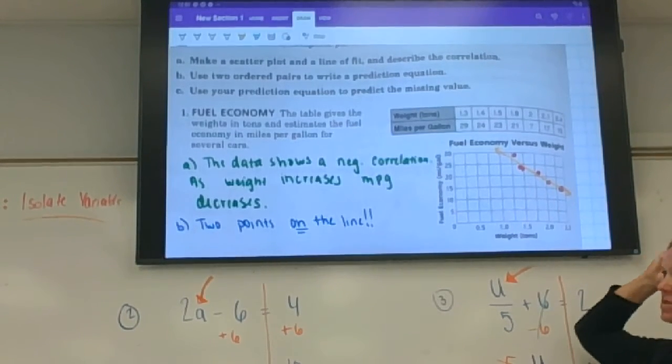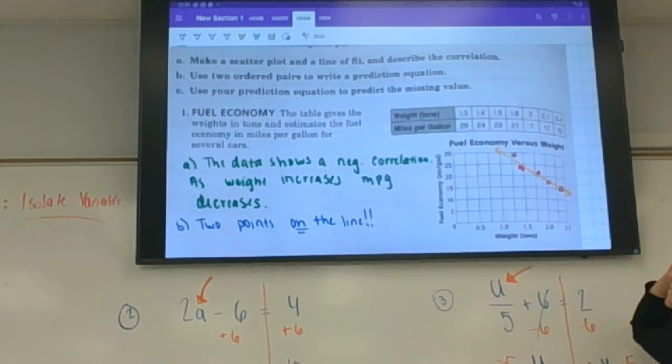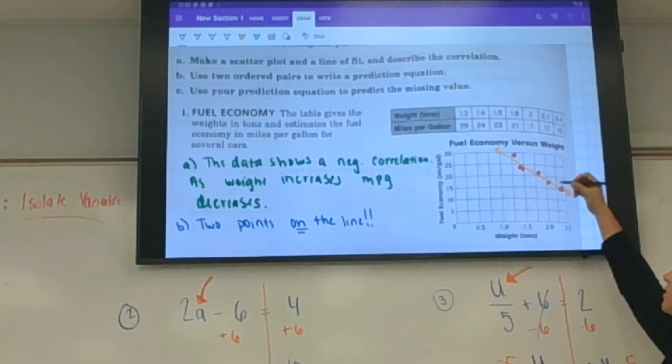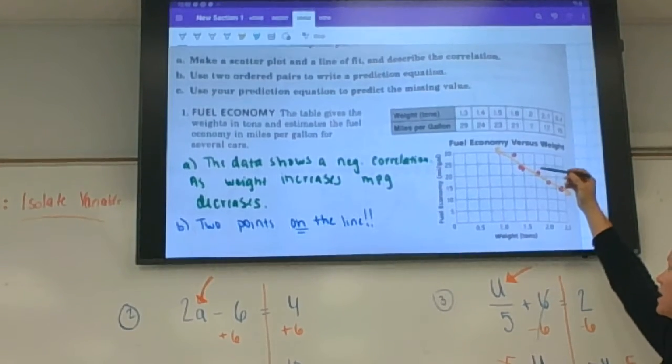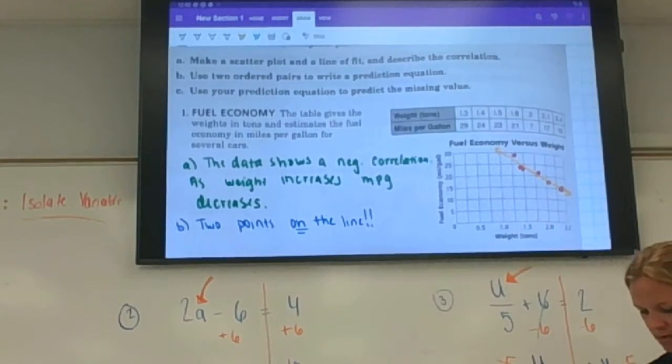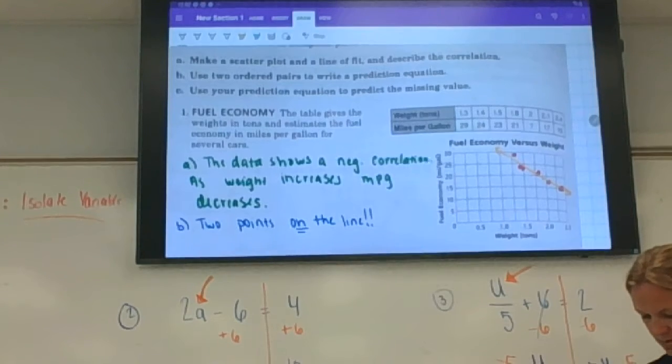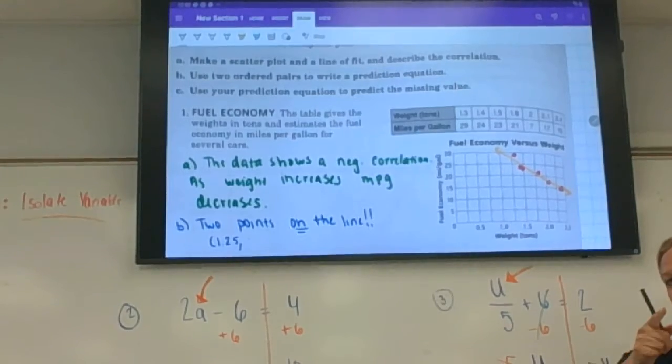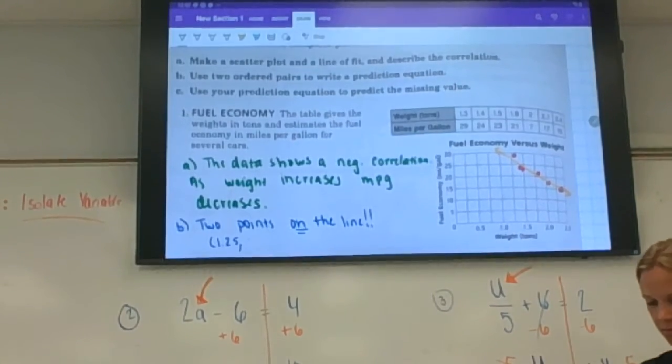That's okay, unless your line came out just like mine. So, I'm going to pick this one, which is 1.25, 27. What are we doing? You're picking 2 points on your line. Find any two random points.